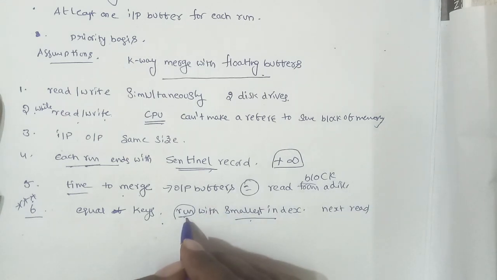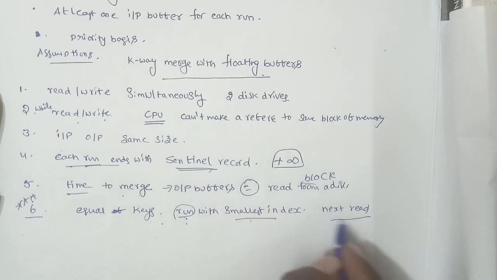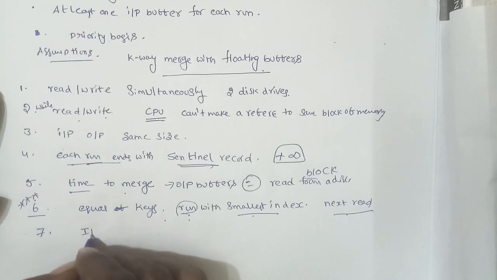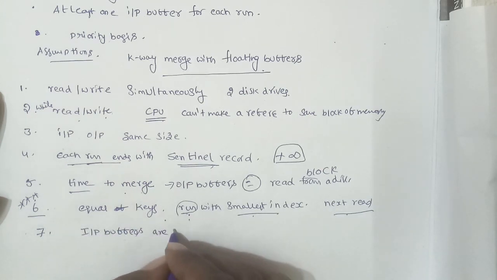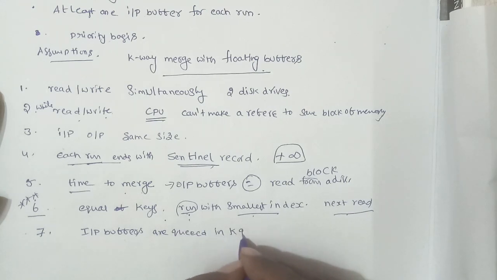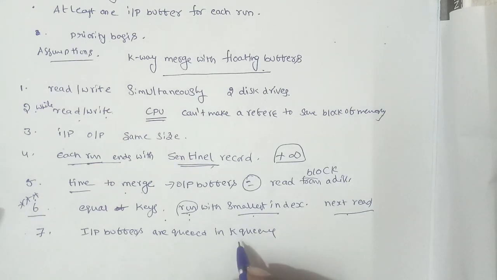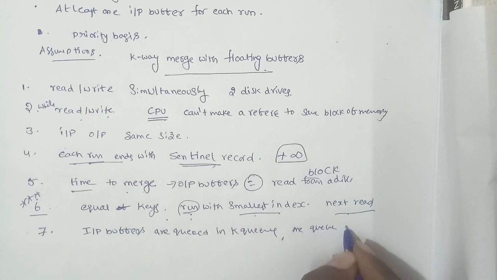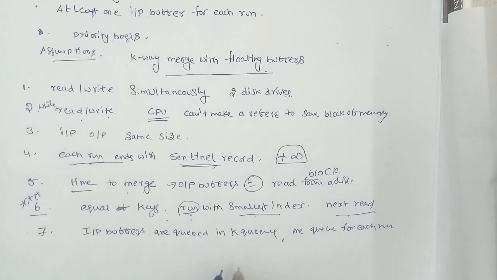Finally, the input buffers are queued in k queues, one queue for each run.